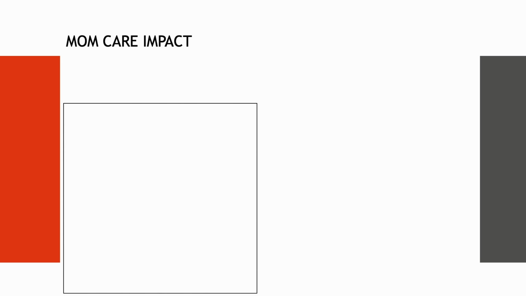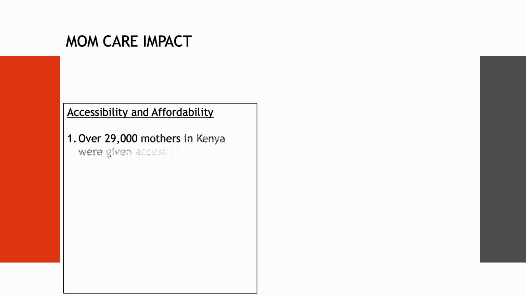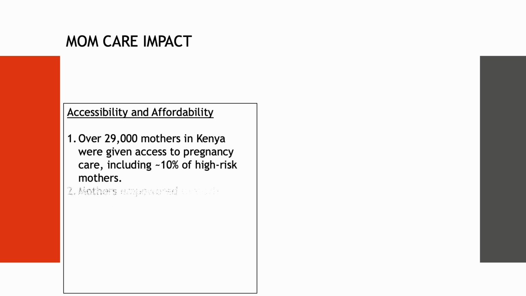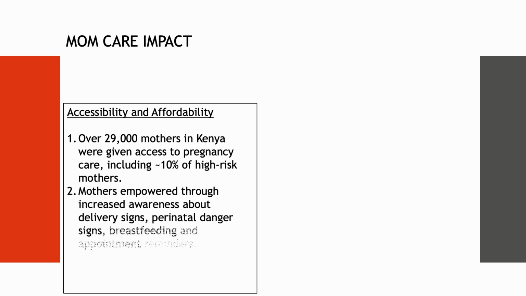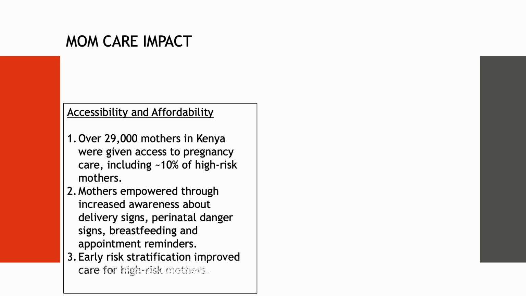Let's look at the results and the impact from an accessibility and affordability standpoint. The following observations were in evidence. When these 29,000 mothers were given access to this pregnancy care using this bundle, mothers were empowered through increased awareness about delivery signs, perinatal danger signs, breastfeeding, and follow-up for appointments.